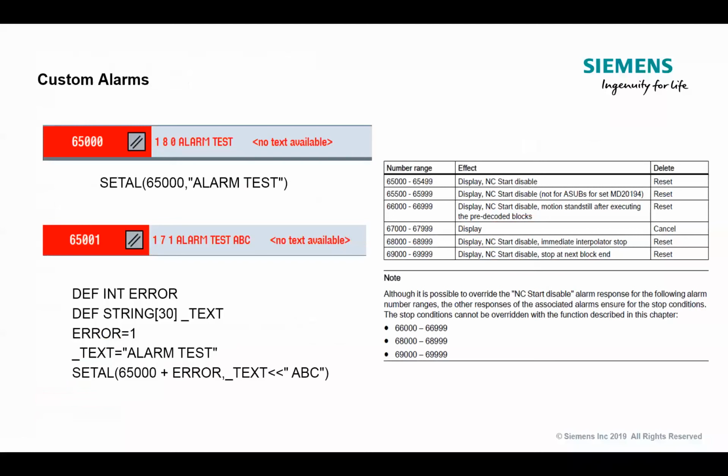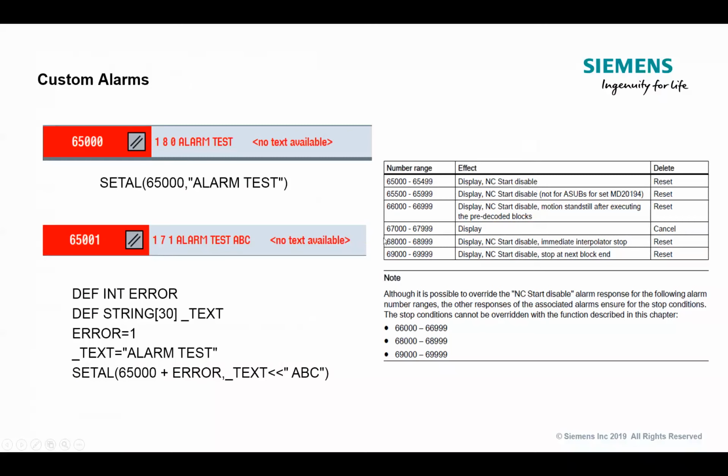In this case, I was putting the guy into a little trap state with that go to back command, so he would have to reset. But if I use an alarm in the 65,000 series, from 65,000 up to 65,499, that's going to automatically disable NC start. So I wouldn't even have to have that little logic in.